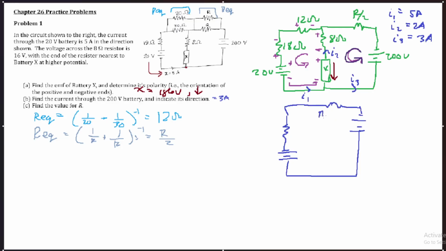Cool. So we have our R over 2. We have our 8 ohm. We have our 186 volts. And then we have to make sure that we write the orientation, so plus to minus. And then we have our I3. We have I2.